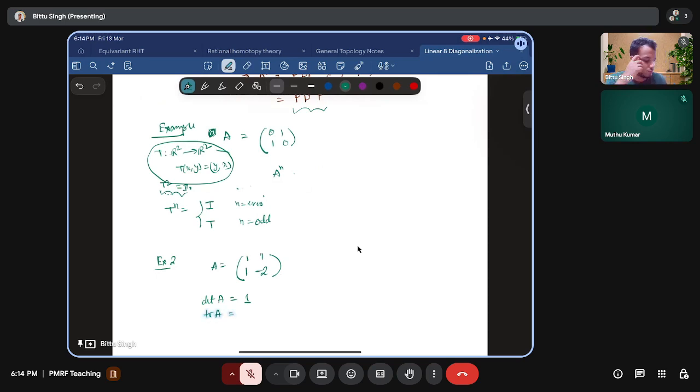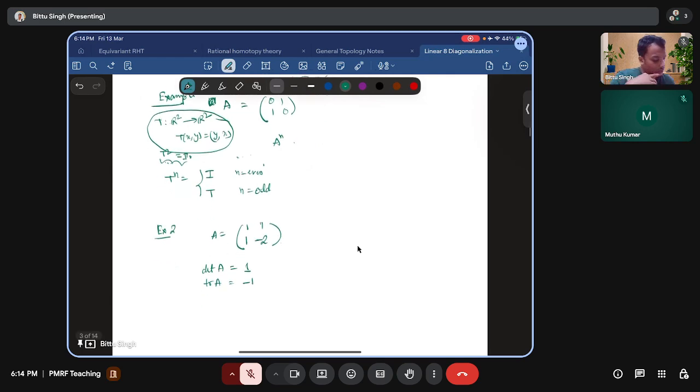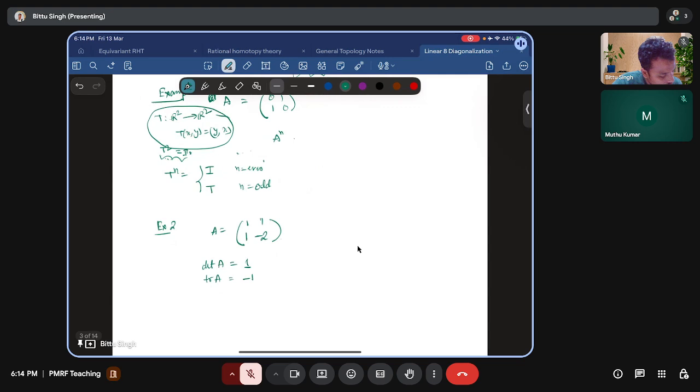Okay, the question is what will be the eigenvalues of A. Suppose we need to compute A to the power 1000.